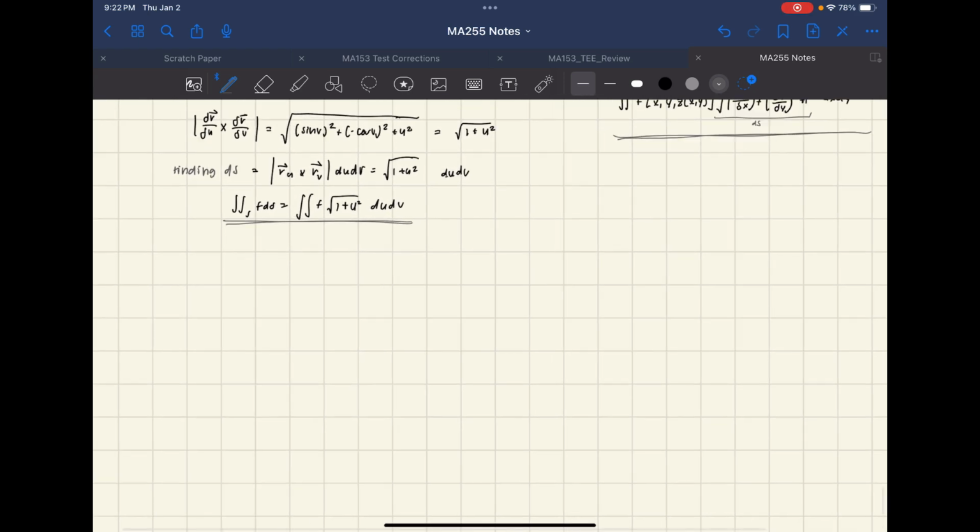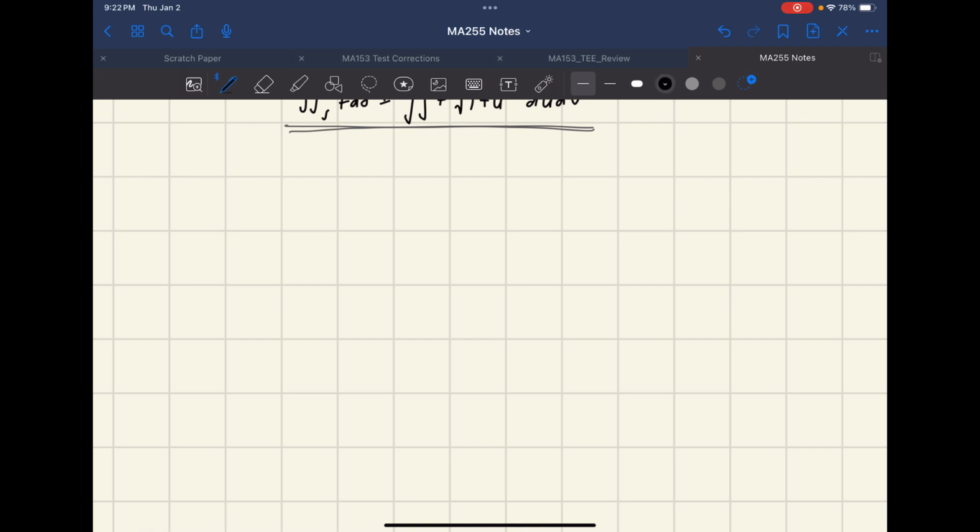Okay, so for this next example, we are given f(x, y, z) equal to z. We're also given that the surface is given by z is equal to 1 plus x.